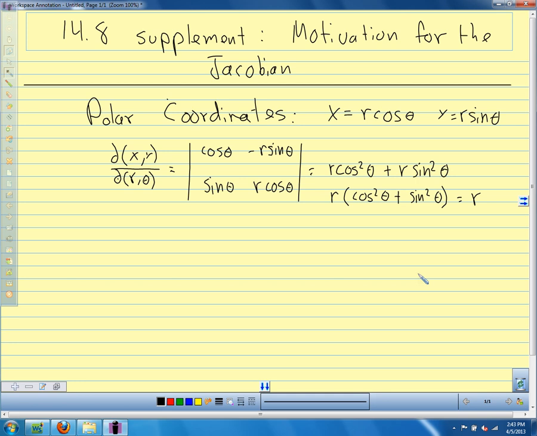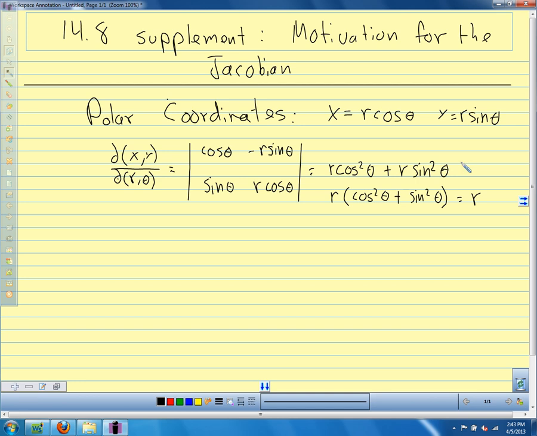So for our transformation from rectangular to polar coordinates, our Jacobian is r. Just like we talked about when we went through the argument of the polar rectangle and talked about our area element that way. So we end up at the same place.